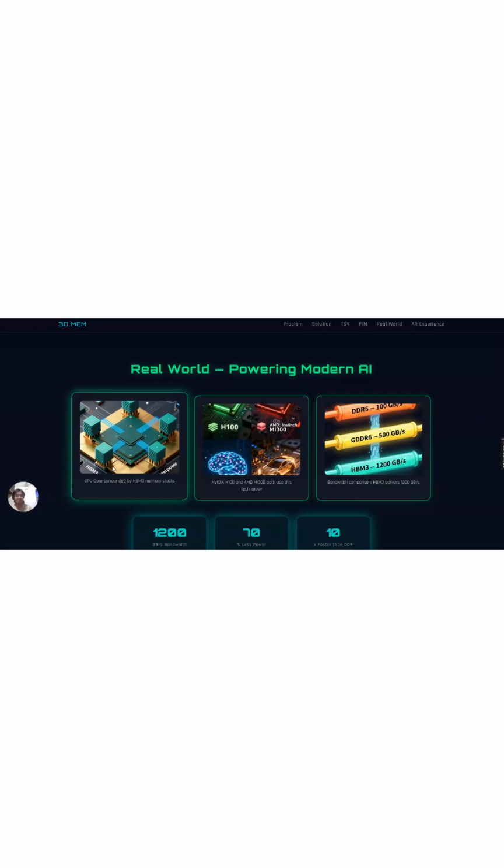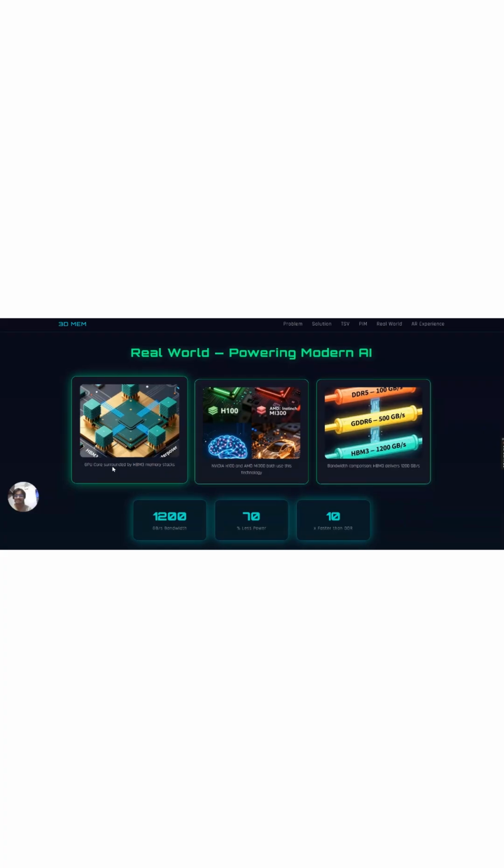In between there is a processor, surrounded by very high bandwidth memory stacks. What is special in this HBM3? It delivers 1200 gigabytes per second bandwidth. Just think about it: our DDR5 laptop RAM module gives us 100 gigabytes per second, while this gives 1200 gigabytes per second, which is 12 times greater than what we had earlier.